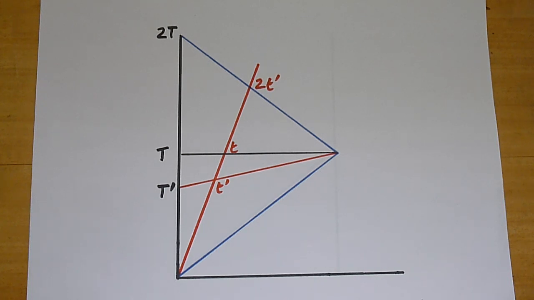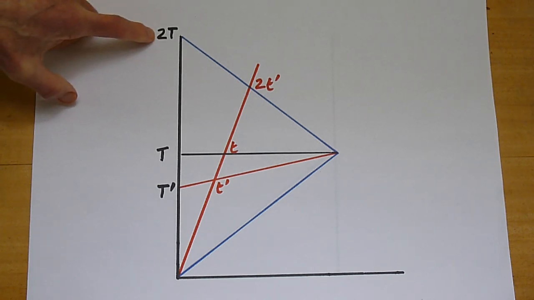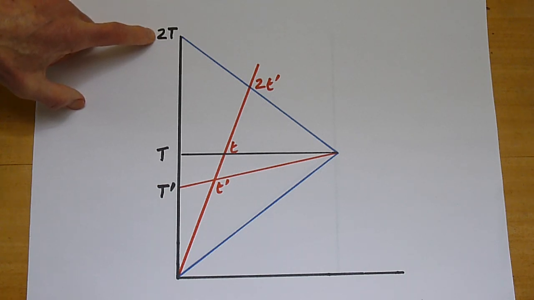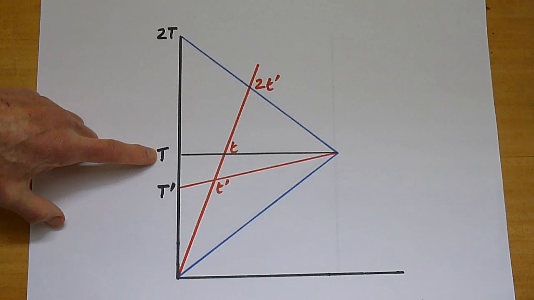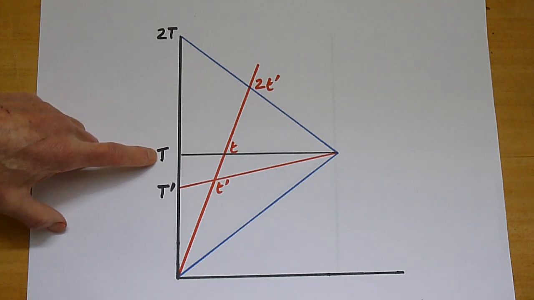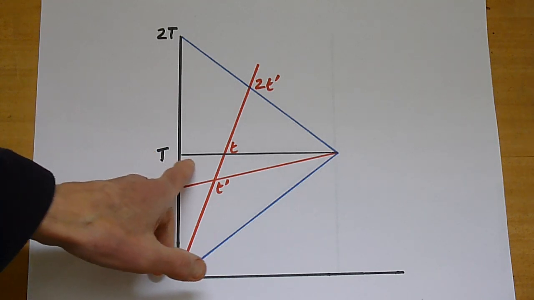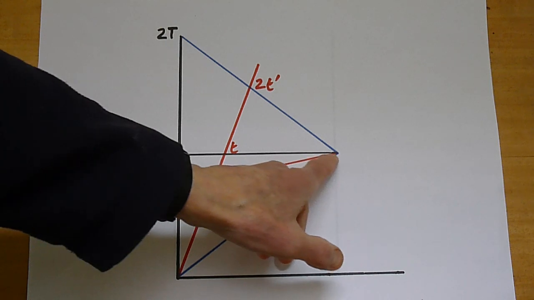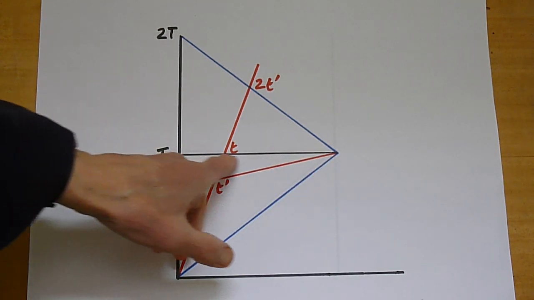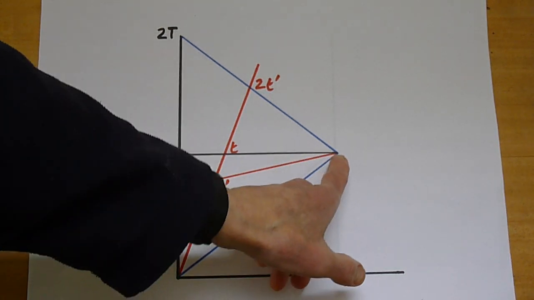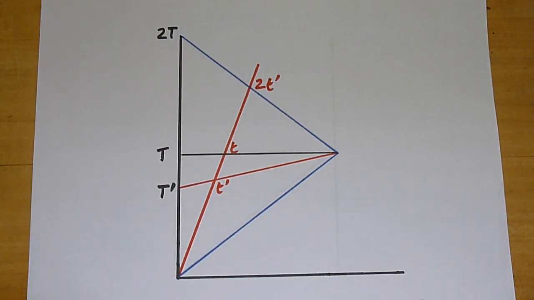So if I receive the light pulse back at time 2 big T, then I can assume that it hit the mirror halfway through that total journey at time big T. So everything on that line is time big T for me, so that's what we can call my line of simultaneity.